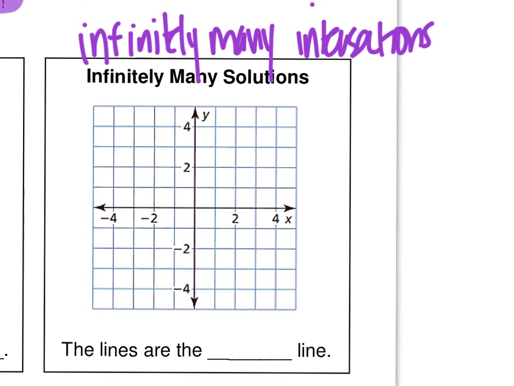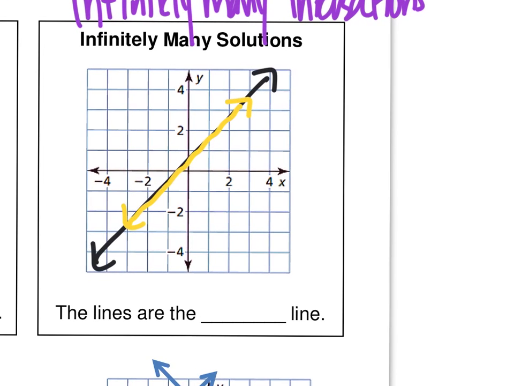Really, this is two lines, but these two lines are actually the same line. They're on top of each other. So this is an example of a system that has infinitely many solutions. If they have infinitely many solutions, they are the same line.